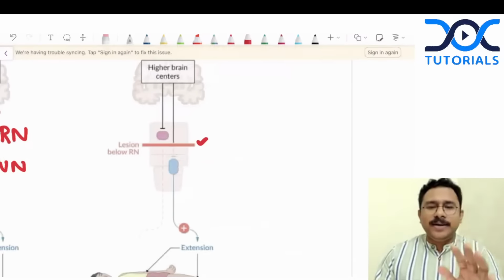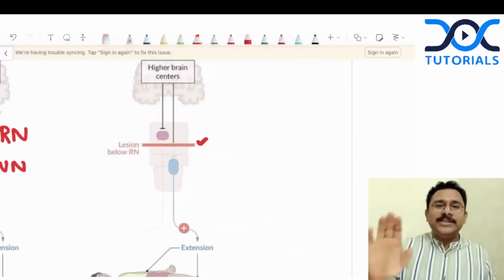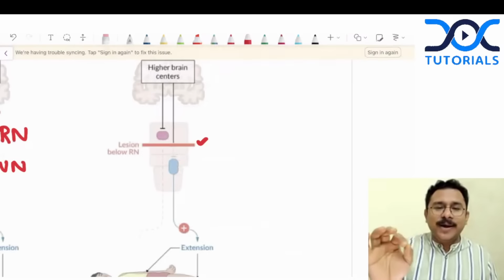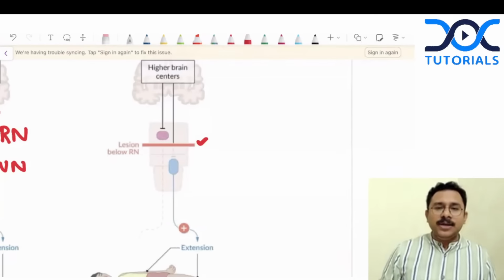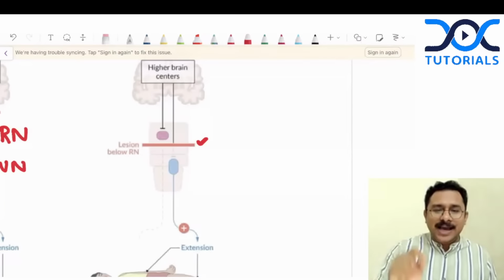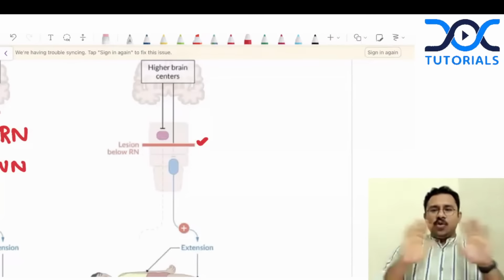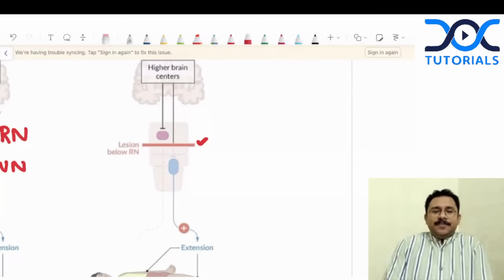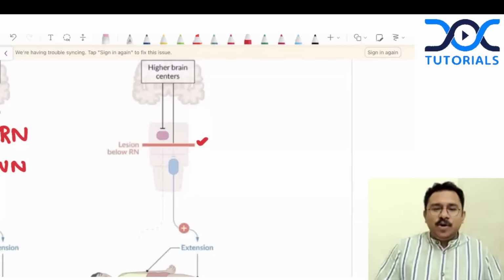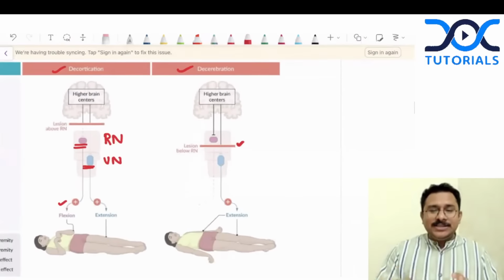The reticulospinal tract is damaged. Which tract is intact? The vestibulospinal tract is intact. Since the reticulospinal tract is damaged, upper limb, no flexion. It will be extension. Lower limb, intact vestibulospinal, extension. This is the decerebrate rigidity.